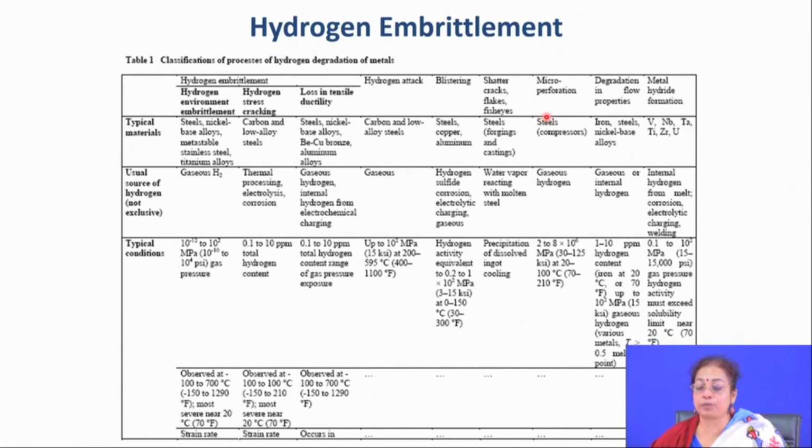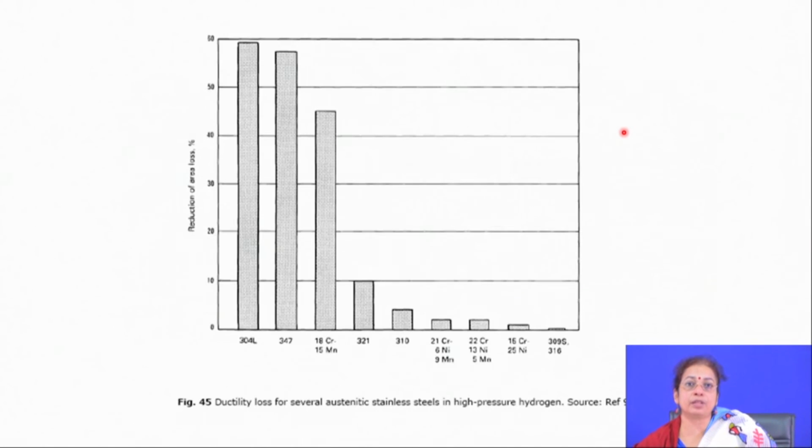There is also a micro perforation phenomenon at a very high hydrogen content, and finally there is hydride formation and depletion of flow properties. So several things can happen when hydrogen is in the environment, and whenever hydrogen is there, you have to be careful in using the component.